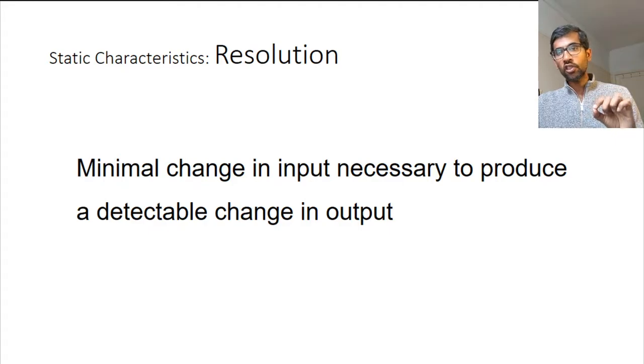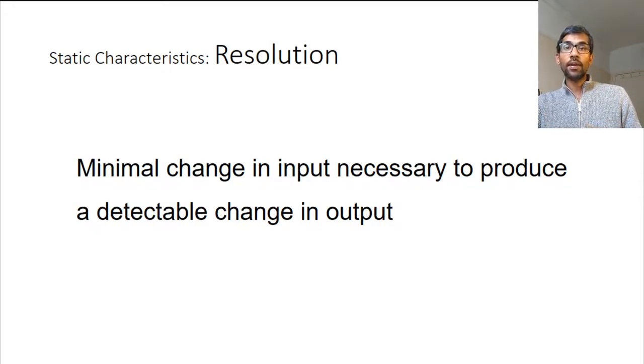If the input changes very little, you may not see any change in the output because the change in the input is not detectable by the sensor at all. So what would be the minimum change that you would require to be able to see some change in the output? That's called resolution.